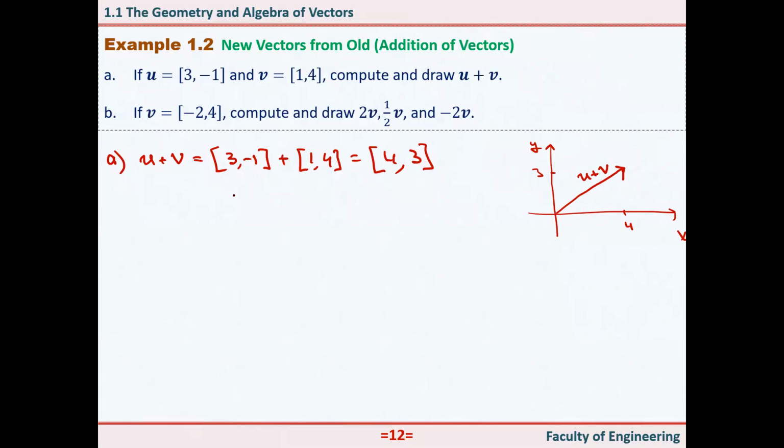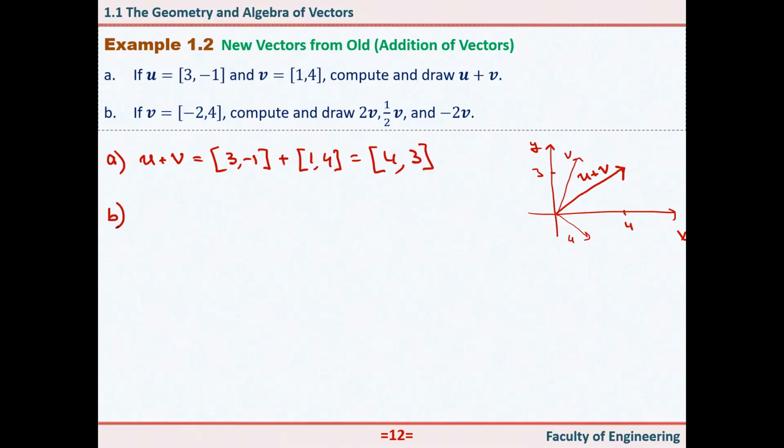And I can draw here 3, -1. 3, -1 is somewhere here, right? And that is u. And how about v? 1, 4 is somewhere here. So their addition is this vector u plus v.